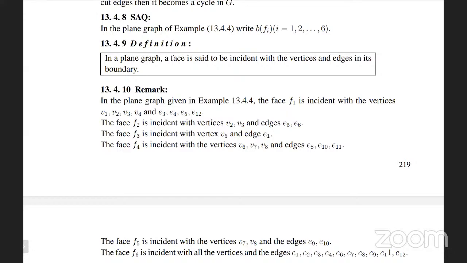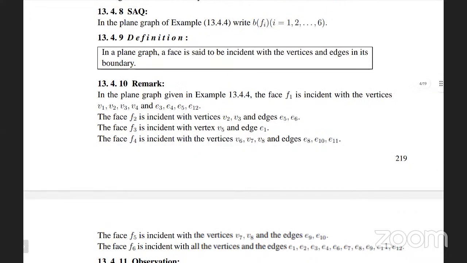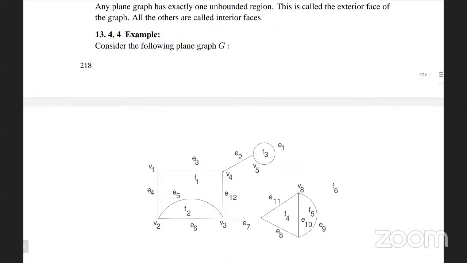So from the planar graph, if I take the example 13.4.4, this is a graph.